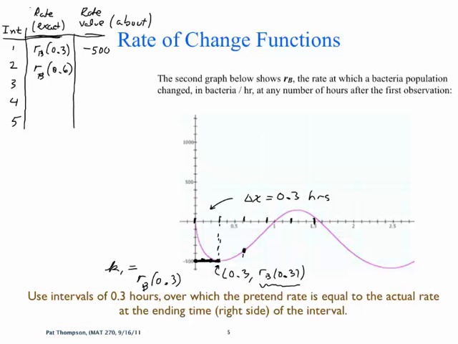It's the y coordinate, or the rate at 0.6. So in our pretend function, what's going to be the rate at 0.5? R sub b of 0.6. And then at 0.4? R sub b of 0.6. We want a constant rate because we want to use the easy math of constant rate of change to eventually generate our changes in bacteria. So we want to make constant rates to make it easier on ourselves.